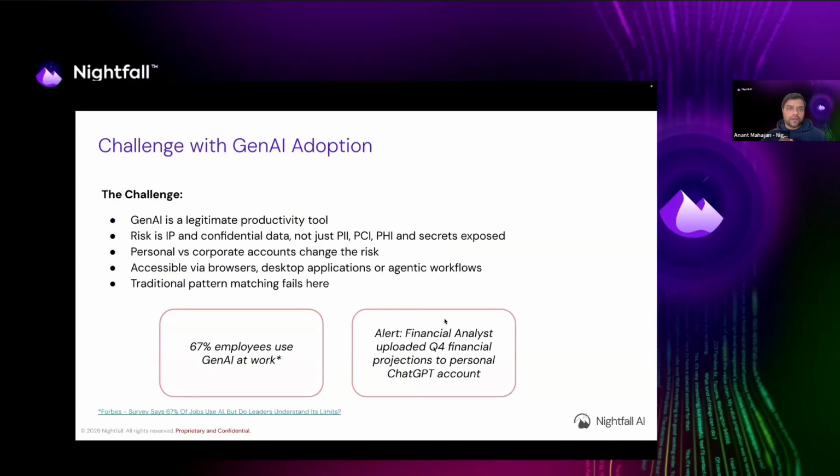So let's start with Gen AI assistance and the adoption that you're seeing with Gen AI. Even at Nightfall, it's a mandate, it's a charter where everyone is encouraged to use the right Gen AI assistant for their use case. It could be Brian and me on the product side.